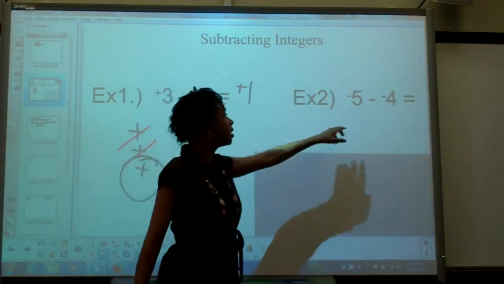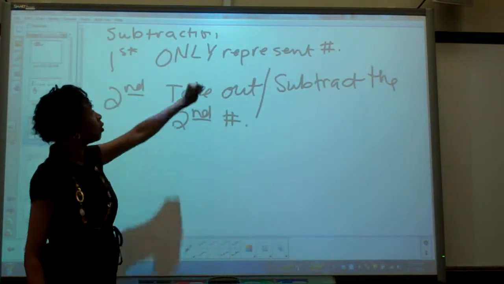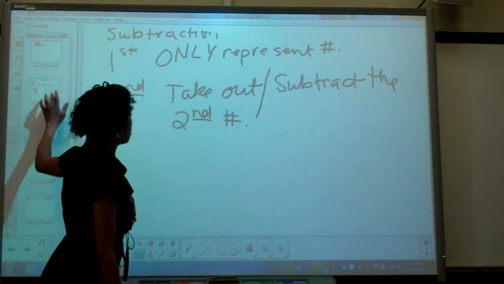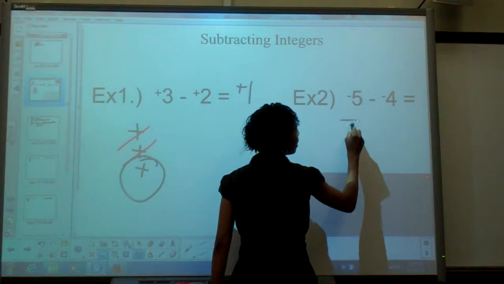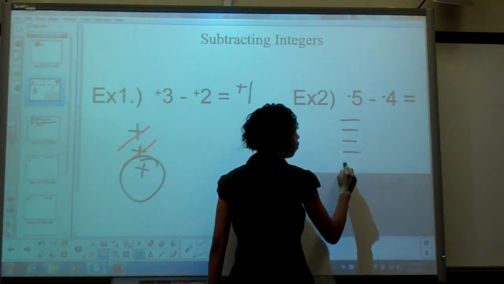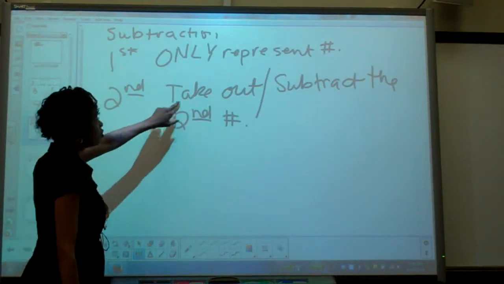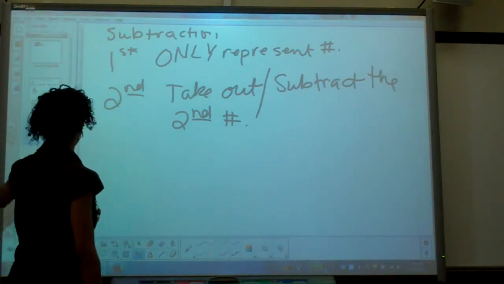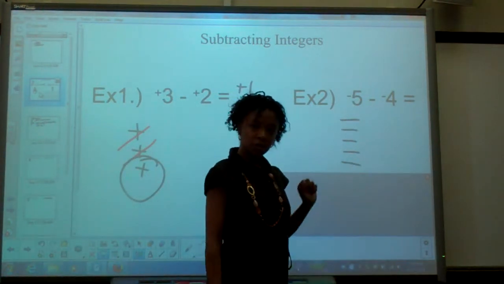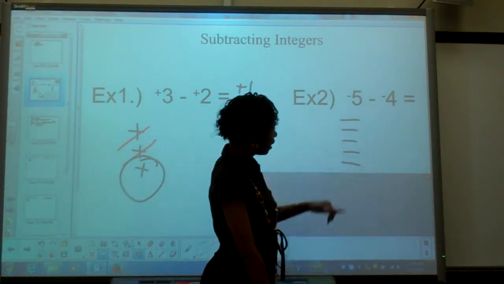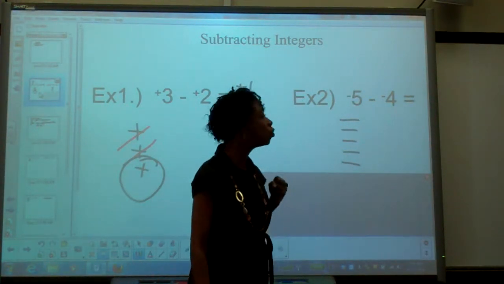It says -5 minus a -4. First rule, only represent the first number. So I want to represent the -5. I have -1, 2, 3, 4, 5. Step 2, take out or subtract the second number. We represented step 1, the first number, which is the -5, and the subtraction sign means to take out or remove.